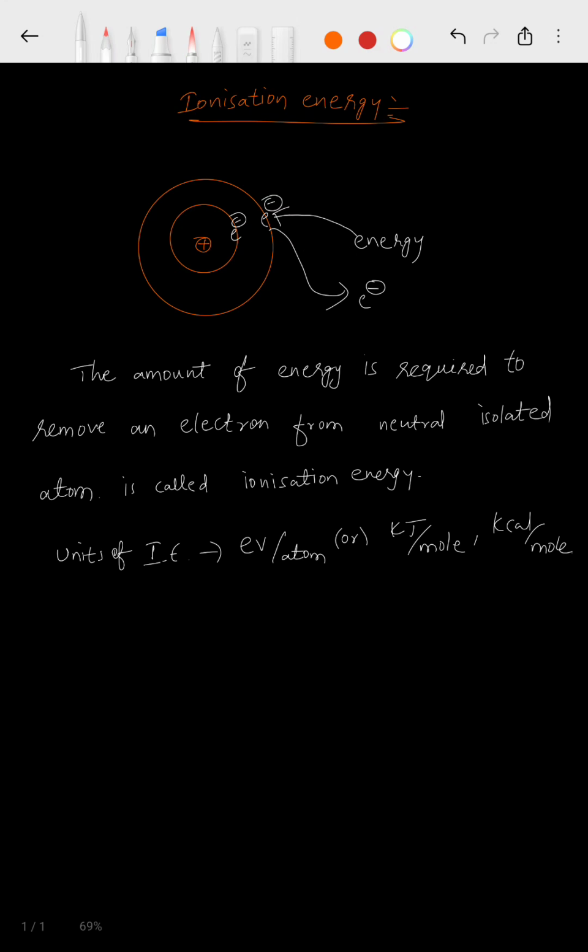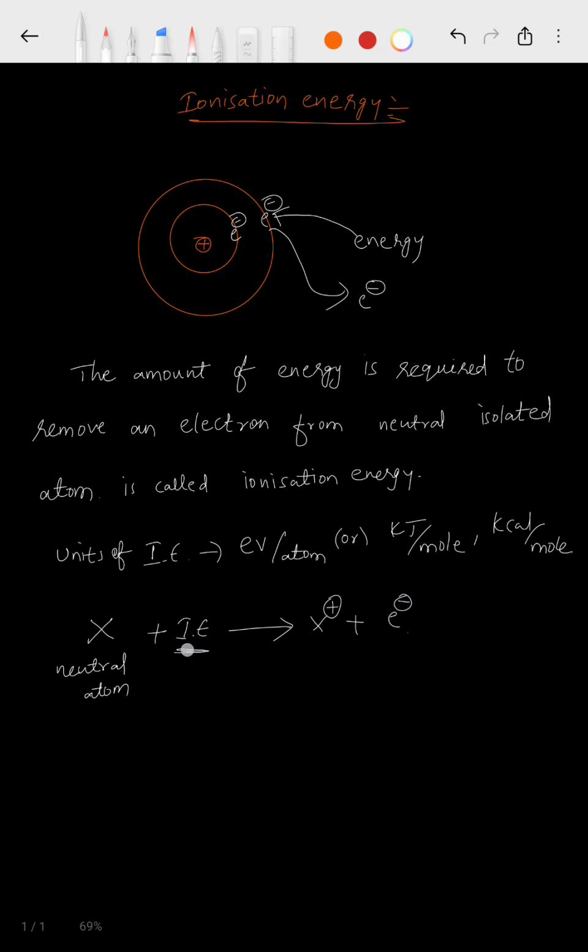Now, for example, a neutral gaseous atom is there, like X, a neutral gaseous atom. So I am giving some energy, IE, to remove an electron. Then it loses one electron, so it gets a positive charge and one electron is released.